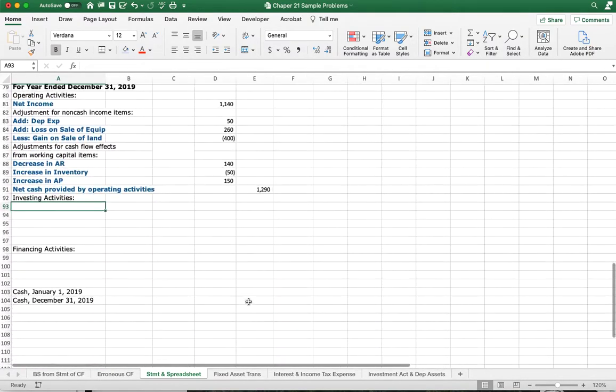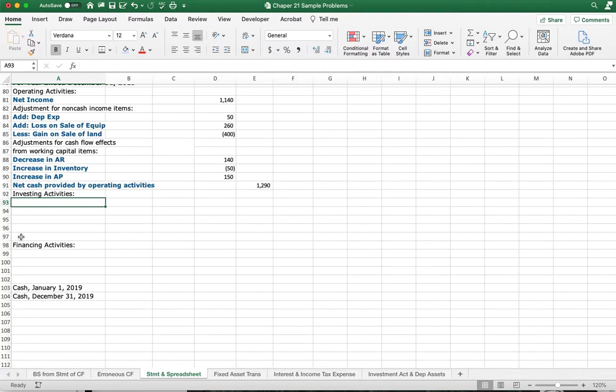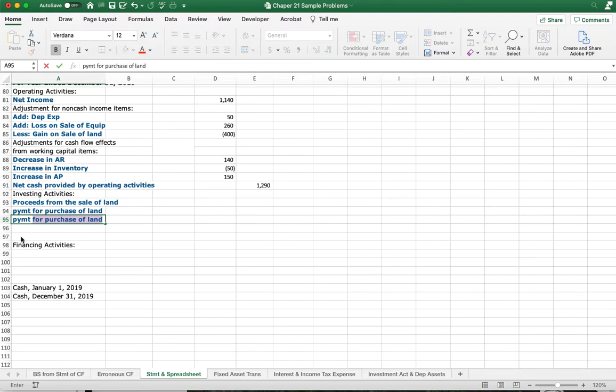Then we'll come down to the investing activities. So we'll have the proceeds from the sale of land, the payment for the purchase of land, the payment for the purchase of equipment, and the proceeds from the sale of equipment.